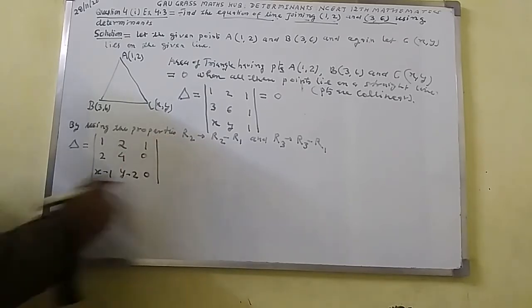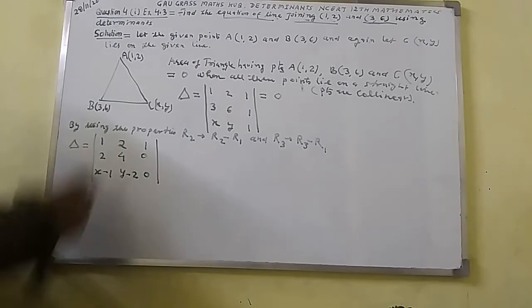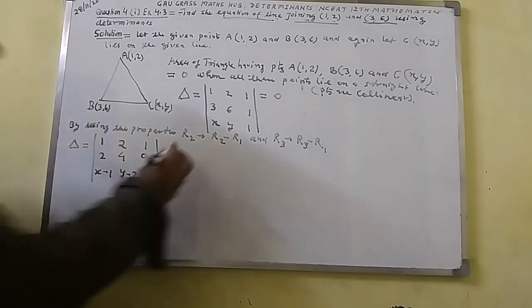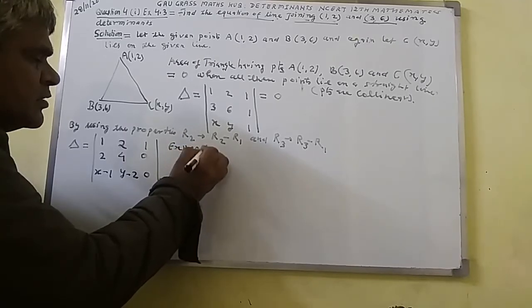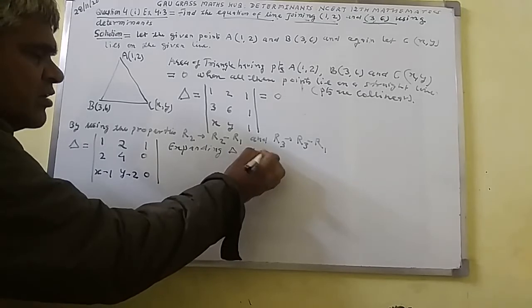So here you can see first column, second column, third column. There are maximum 2 zeros in the third column here. That's why I shall expand this determinant along the third column. So here I shall write expanding determinant along C3.